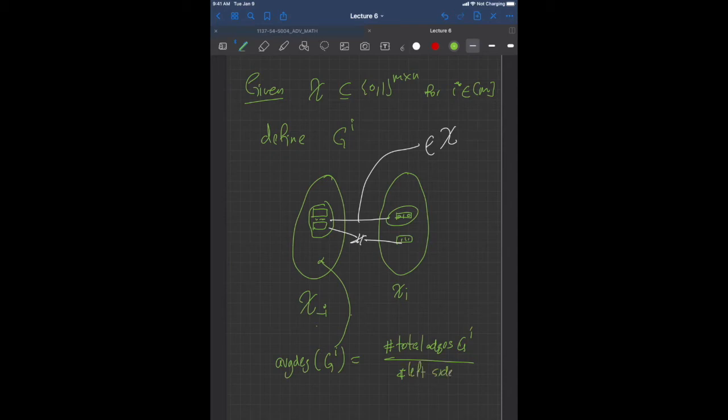So this thing is clear, right? So the number of vertices on the left side is just the cardinality of this set X minus i. These are all the set of matrices that you get by projecting out the ith row, and if you get the same matrix from two different matrices by removing the ith row, you only keep one thing because it's a set. So this is the cardinality of X minus i. And can someone tell me what is going to be the total number of edges in G_i?